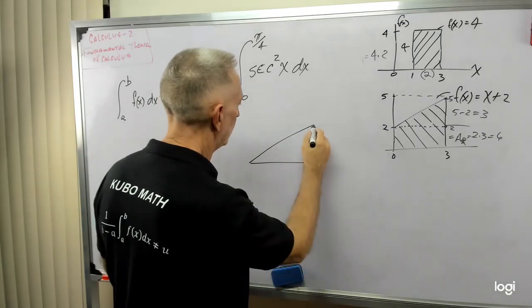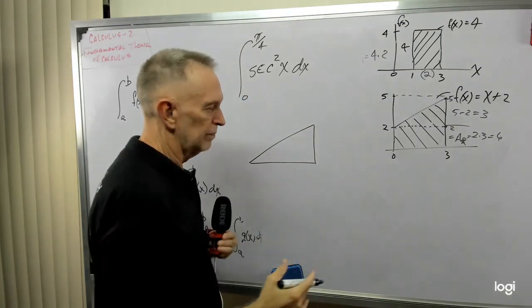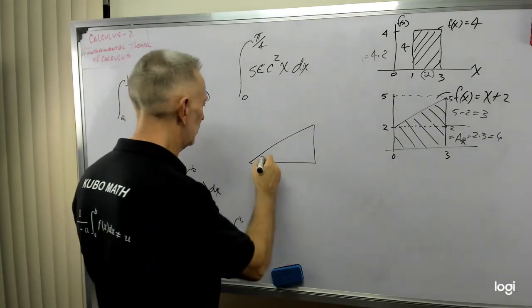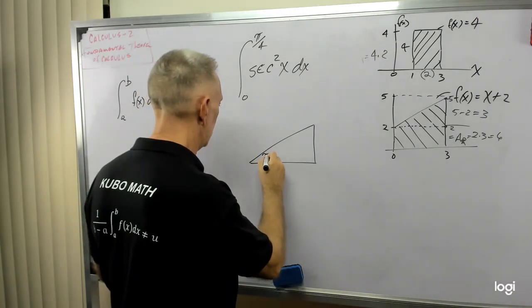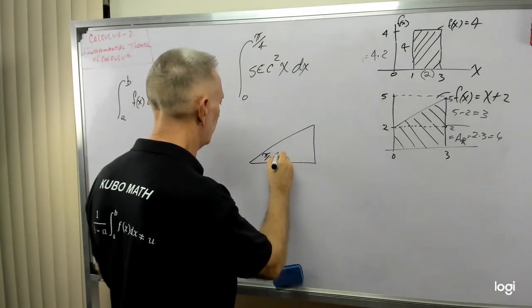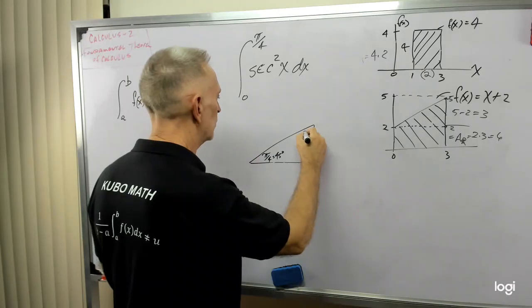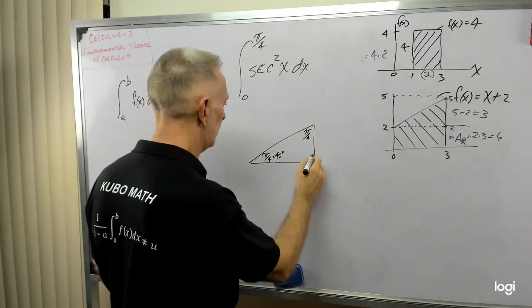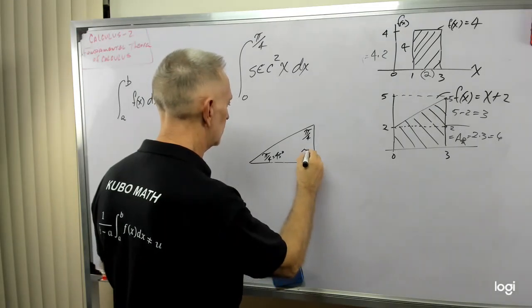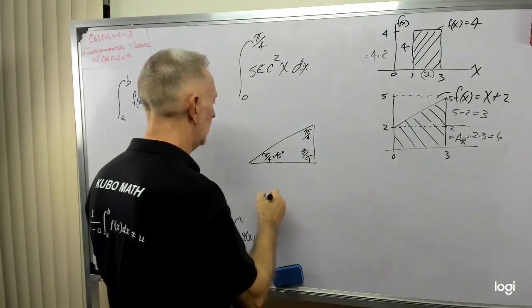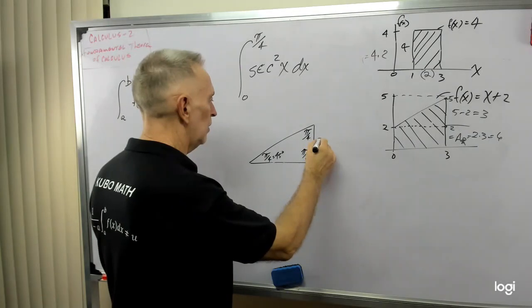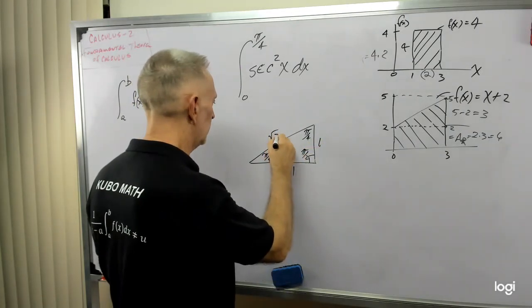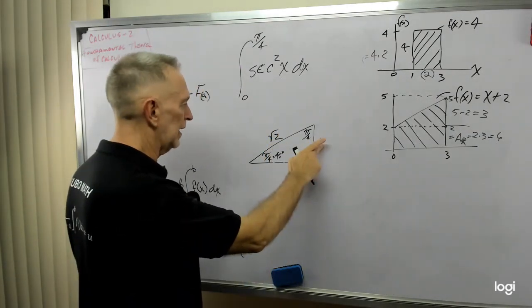Back in the day, prior to use of calculators so much, pi over 4, well, that's 45 degrees. So if I have a triangle, pi over 4, 45, 45, 90, so this is pi over 2, we would know 1, 1, square root of 2 would be the lengths of the sides.